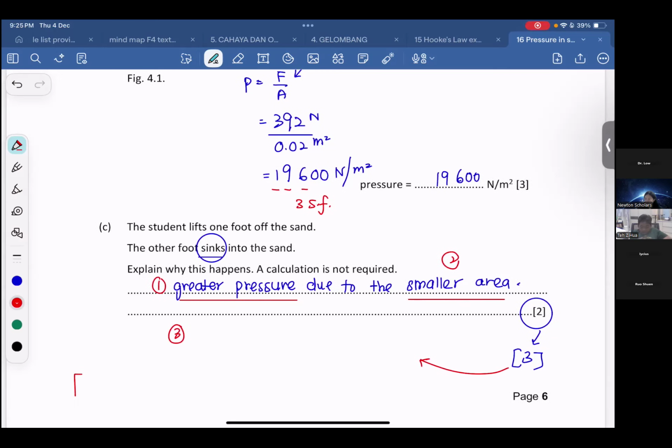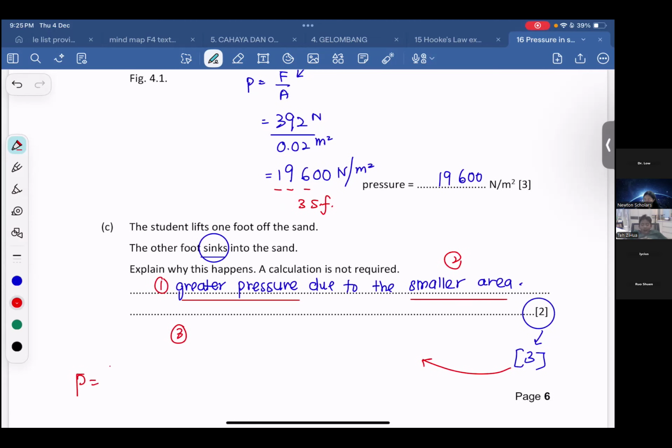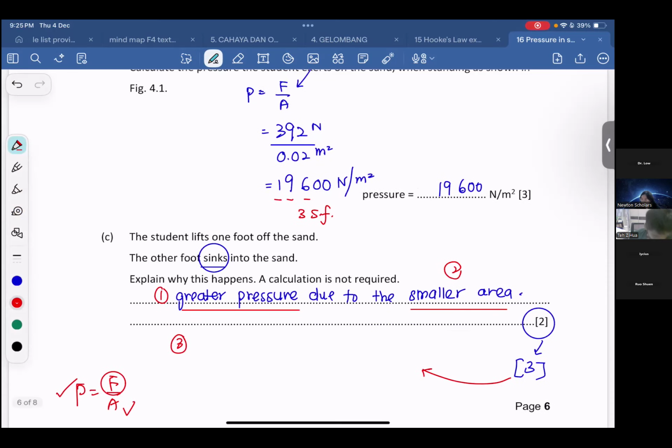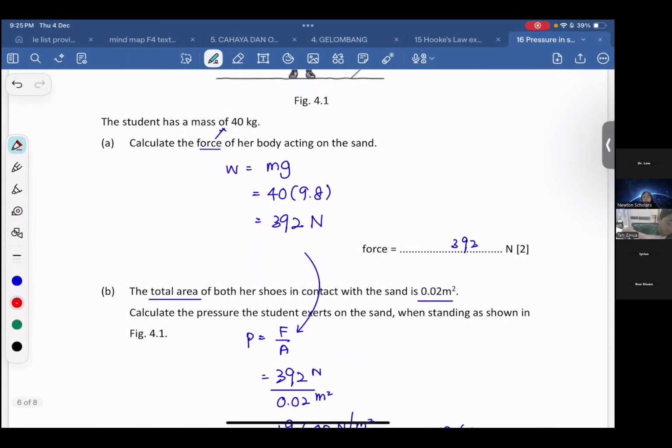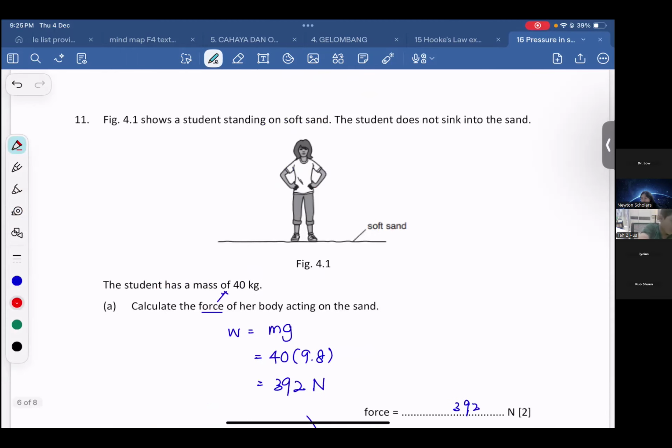Pressure is force divided by area. You already talked about the area and pressure. Then we can talk about the force. With two feet or one foot, actually you have the same weight, right? No matter how you stand, whether you lift a foot or not, your mass is also the same, 40 kg.